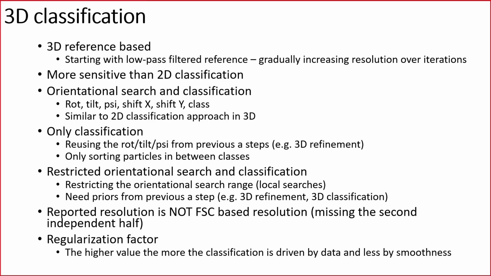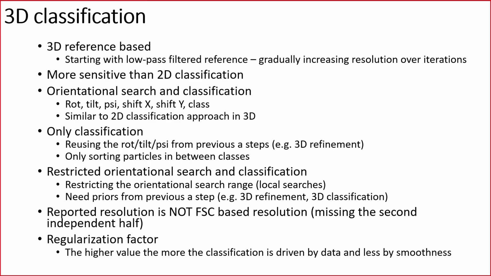The classification usually is more sensitive than 2D classification because you can sort out particles that average well in 2D, but do not give enough information for the 3D reconstruction. We again need to do an orientational search and classification.